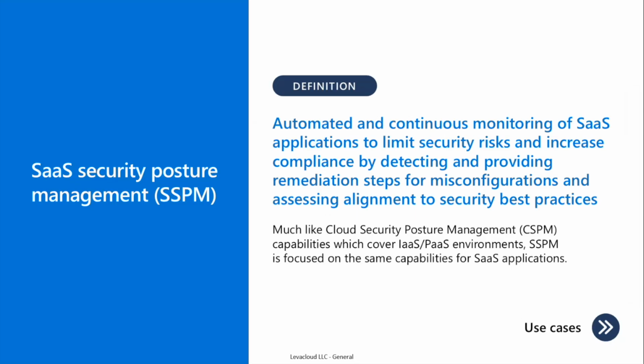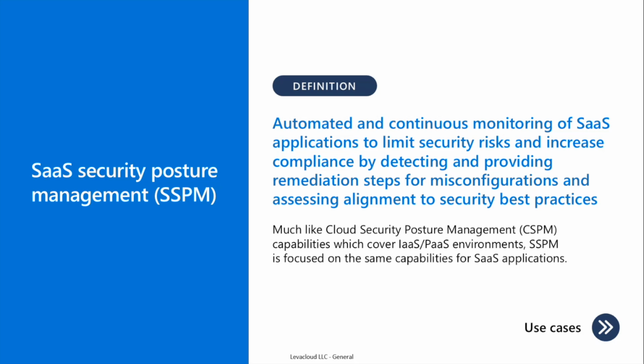Now, moving on from the sort of cloud discovery side of things, let's talk a little bit about SaaS security posture management. So really, this is all about automated continuous monitoring of your SaaS applications to reduce security risks and boost compliance. It basically identifies misconfigurations and offers remediations to ensure that the app's aligned with security best practices.